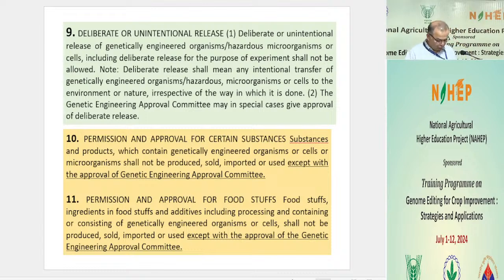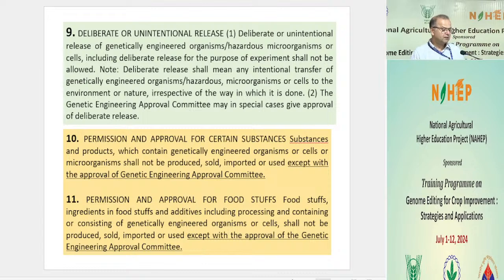So these rules 7 to 11 have taken care of that: without permission you cannot do all these activities with any GMOs. From these rules 7 to 11, the genome edited plants are exempted. You understand? They are exempted. That means you can do all these things with the permission of only the institutional biosafety committee.